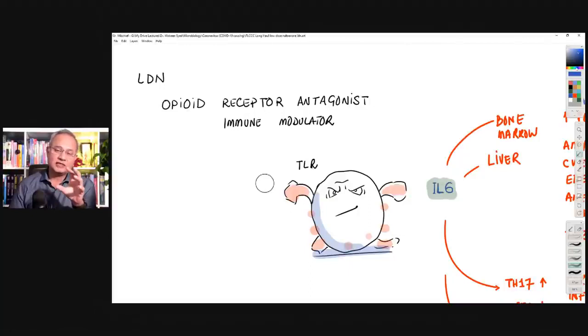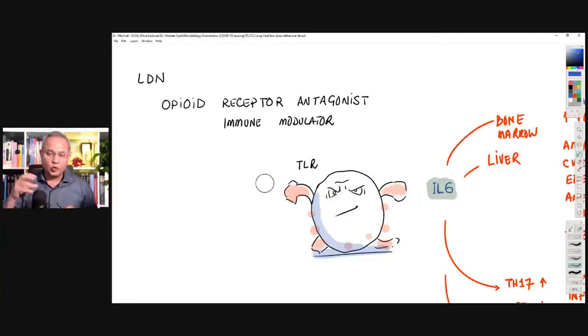These cells, dendritic cells and macrophages, have little things on them called toll-like receptors. Imagine a big macrophage running around in a street with little tentacles coming out of it. These are toll-like receptors, and whoever is passing nearby, it is kind of touching them. And if they are a virus or a bacteria or a fungus, it will recognize them and eat them up and try to clear them and try to activate the immune system against them.